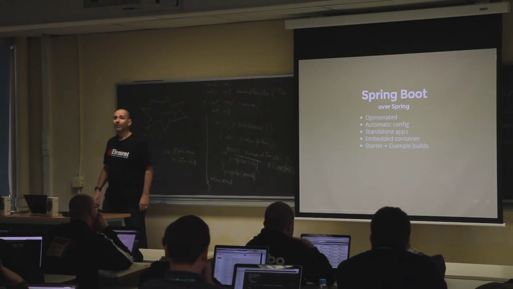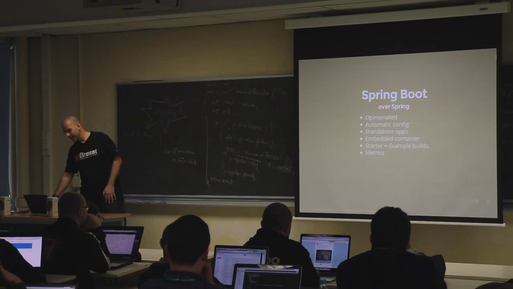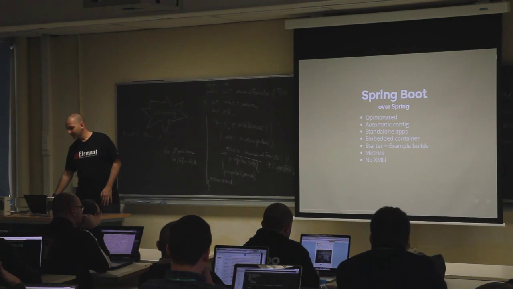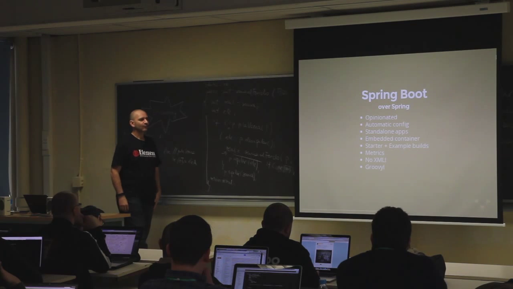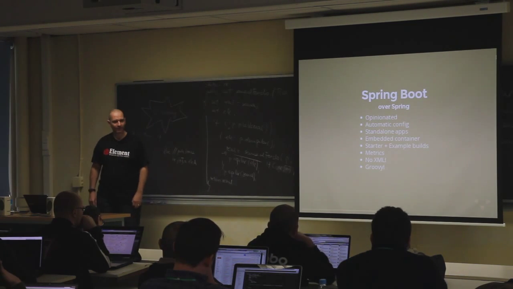Also, comprehensive examples of how to integrate with all sorts of third-party technologies. Gives you metrics. You don't have to write any XML like in the old Spring. And we can write all our code in Groovy, which is obviously the big advantage here. No Java needed.